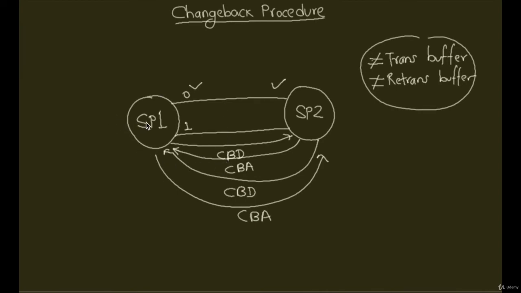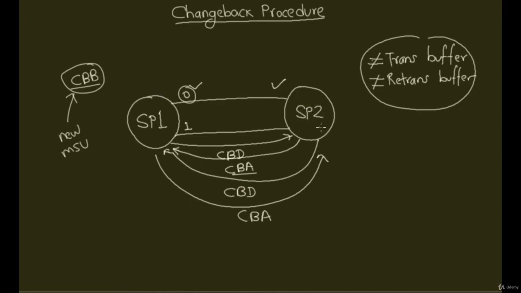Another thing is that when the changeback procedure is triggered, a changeback buffer is formed. This changeback buffer keeps all the new MSUs which are coming into the layer, and only after the changeback acknowledgement has come, it will use this changeback buffer to create the transmission buffer of this link. The same thing is followed in signaling point 2 also.